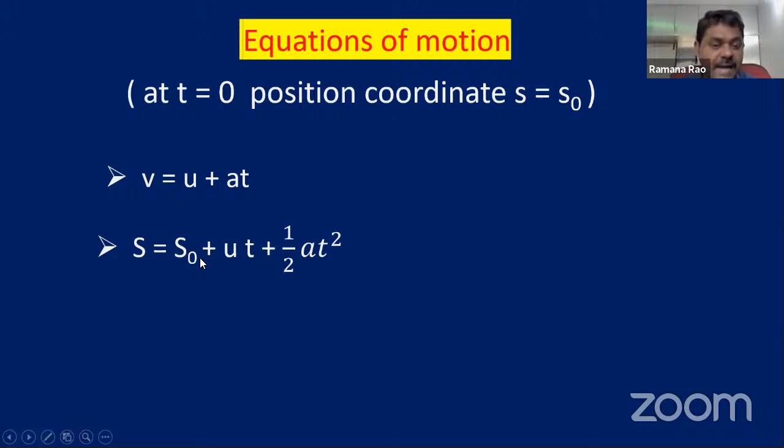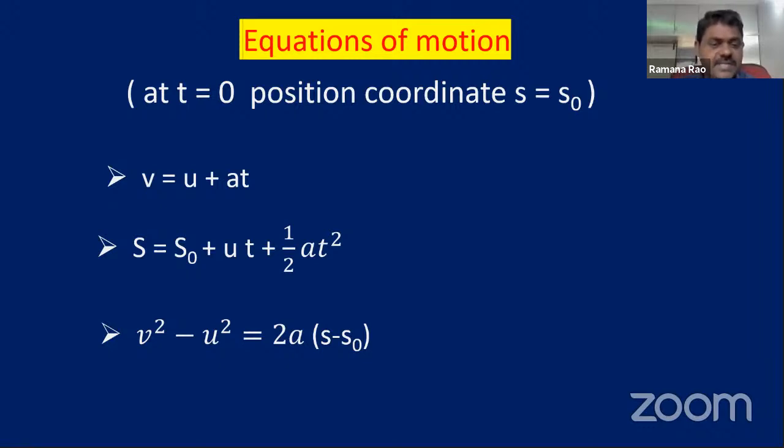We have to add the initial displacement to this equation, that's it. Because initially it has some displacement. And v square minus u square is equal to 2a into s minus s naught. Because initially it has covered some distance s naught, so total displacement will be s minus s naught.